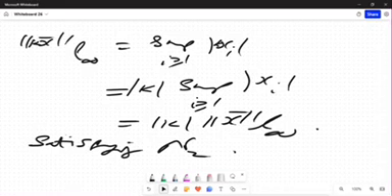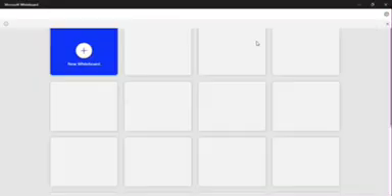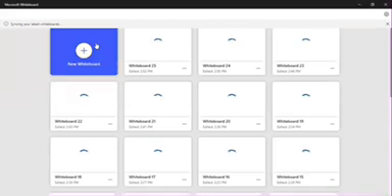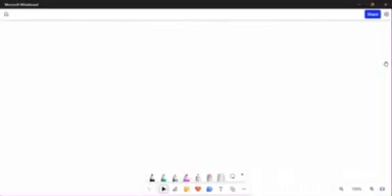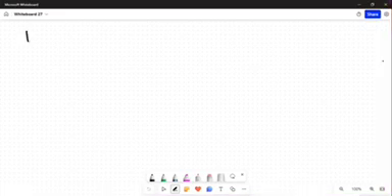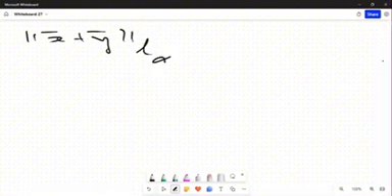Axiom N3 is the famous triangle inequality. Let's also show that axiom N3 holds. For axiom N3, I have the following: the norm of x bar plus y bar in L infinity. What's that?